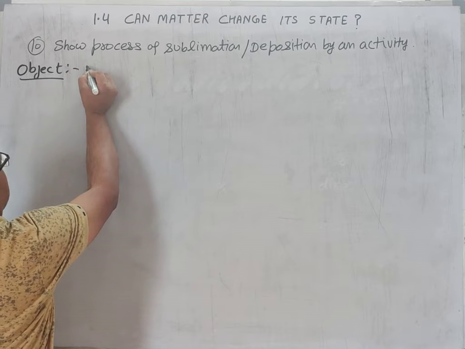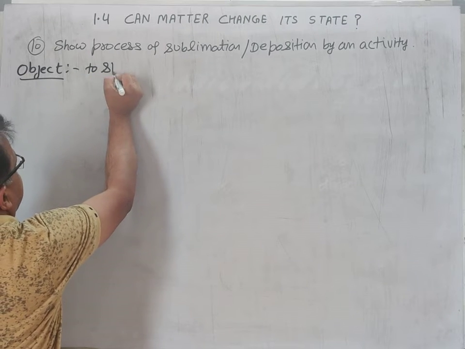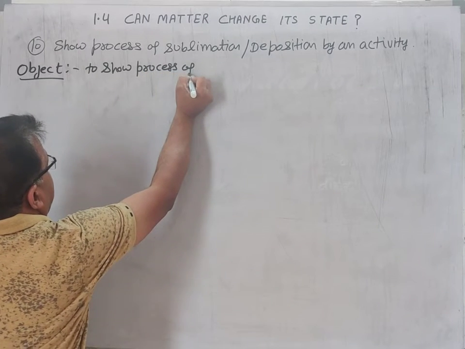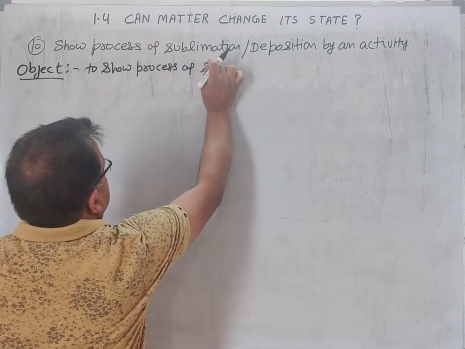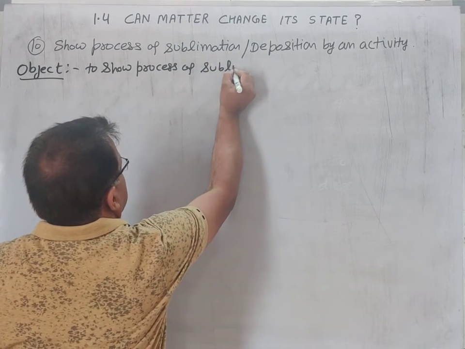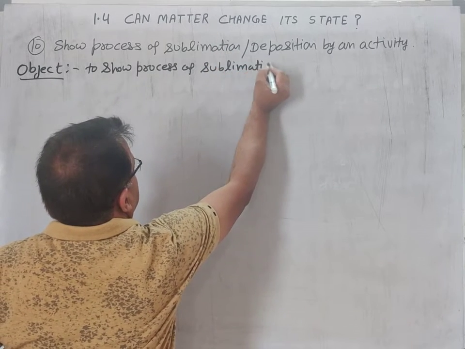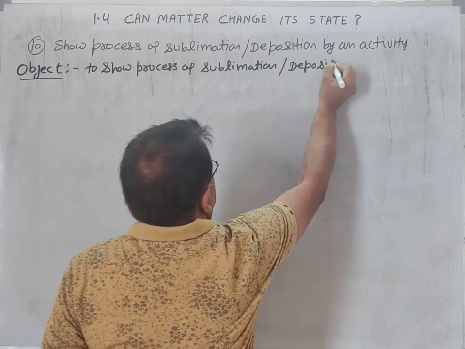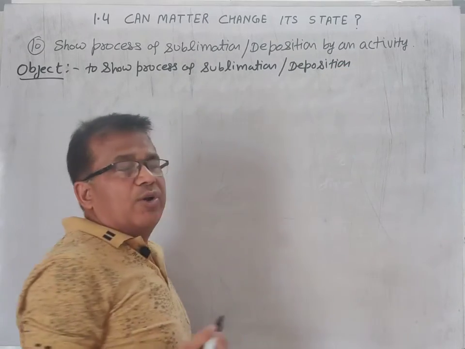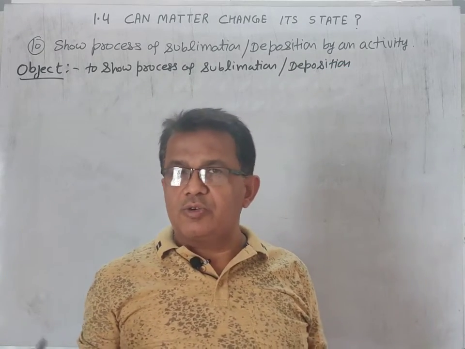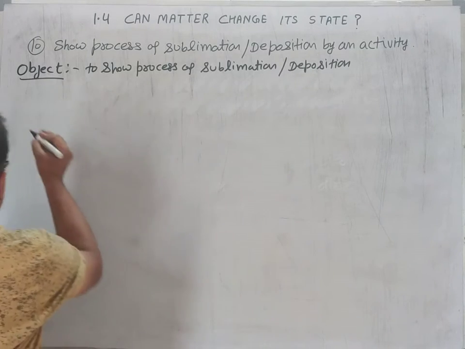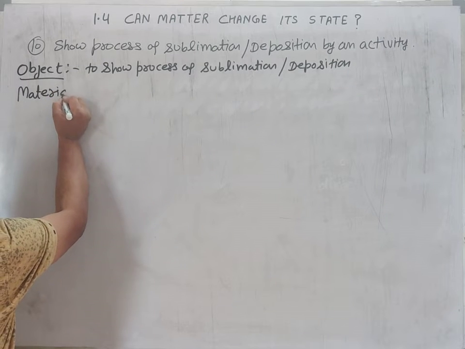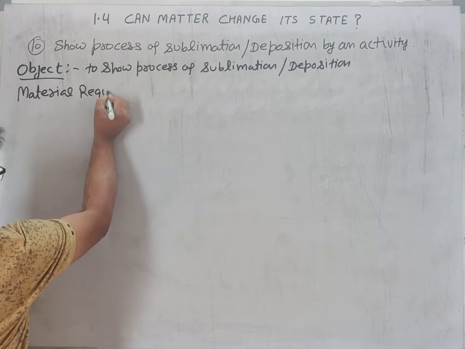Object is to show process of sublimation or process of deposition. You have to write according to the question which is to be asked in question. Then material required.